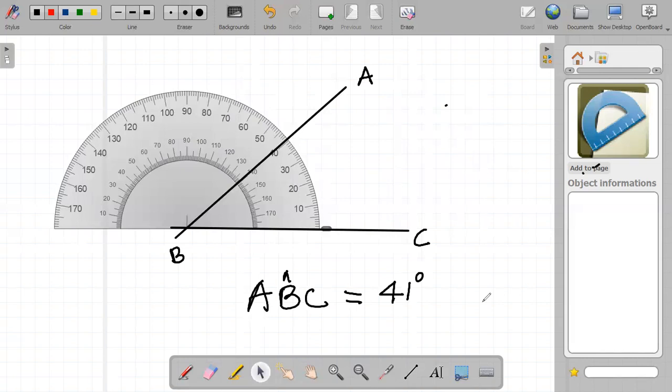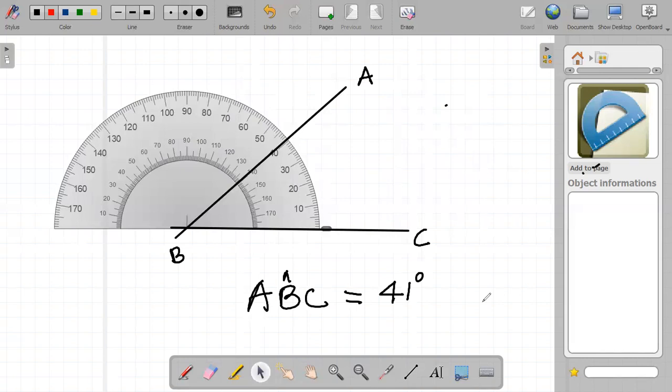Now, what's the value of your angle? 133. Is it an acute angle or obtuse angle? Acute. Acute angle, how did it become 133? You please start from the 0. Have you kept the 0 of your protector on one arm?